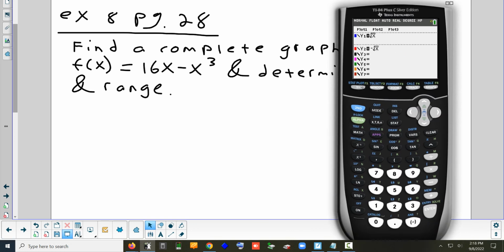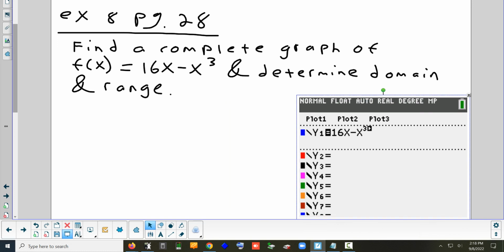If you have anything else typed in, just clear it. So I've got 16x minus. How do I do an exponent of 3? What do I press for that? Yeah. With the arrow below the clear button, right? Yep. And then press 3. There you go. So you should have a graph that looks just like that.